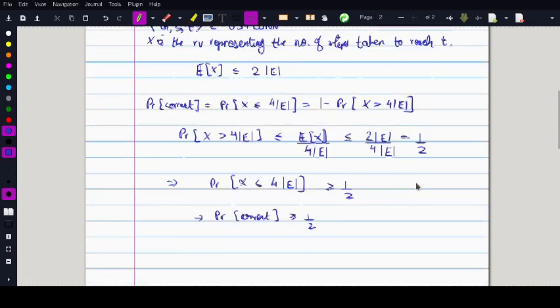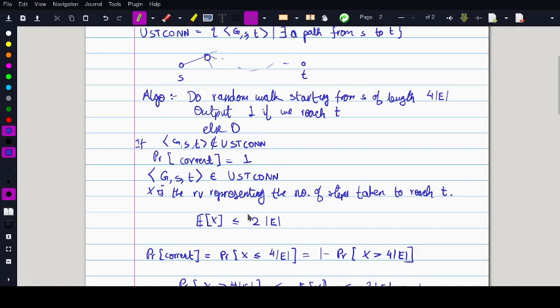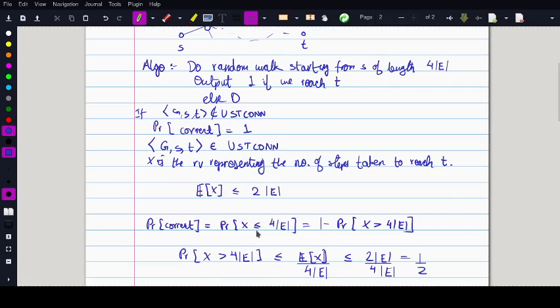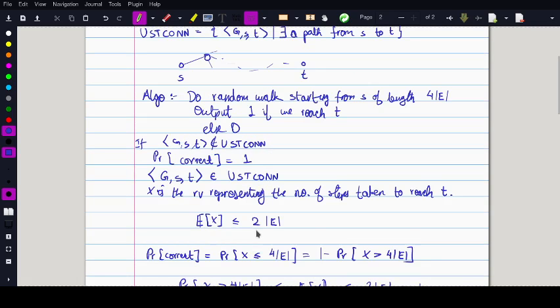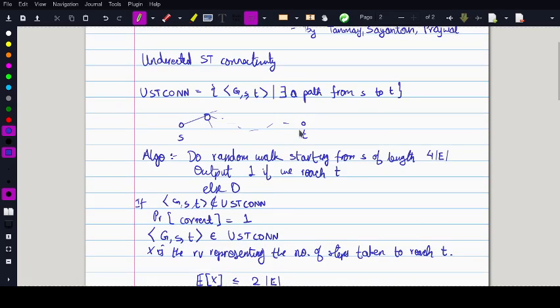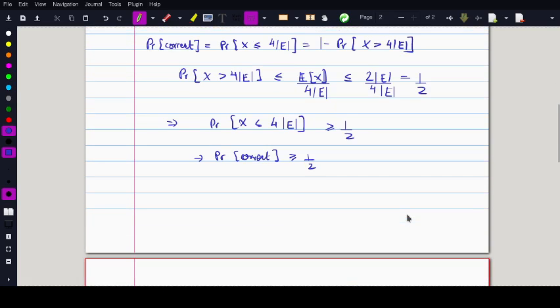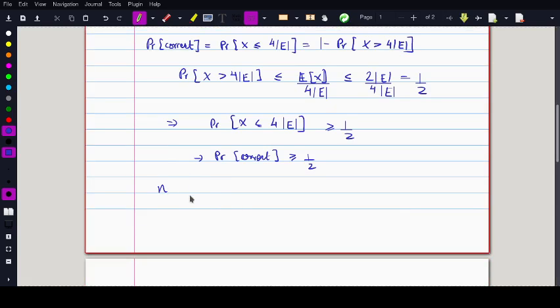Okay. So now we need to analyze its space complexity, how much space it takes. Note that all you need to maintain is the current node that you are at. So let's say you have n vertices. All you need to store is a number corresponding to n, so all you need to store is log n, order log n.